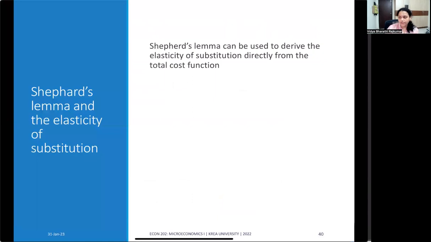Now, we're just going to do one final addition here. We're going to use Shephard's lemma in place of our elasticity of substitution. So if you recall, we came up with another measure of elasticity of substitution, which is just the percentage change in K by L, given a percentage change in their prices.